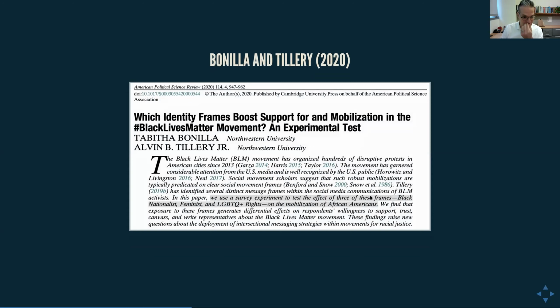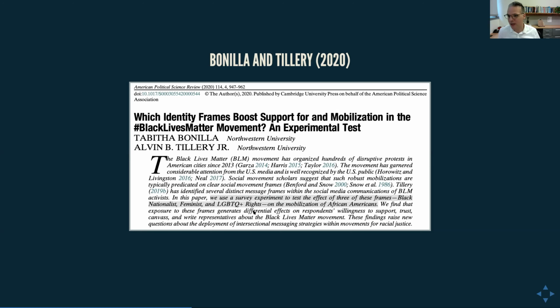All right, so this is a paper, Identity Frames Boost Support for and Mobilization in a Black Lives Matter Movement: An Experimental Test. They use a survey experiment to measure the effect of three frames, a Black nationalist frame, a feminist frame, and an LGBTQ rights frame, on whether or not Black respondents support the Black Lives Matter movement. That's the question. Then the abstract says, we generate differential effects.